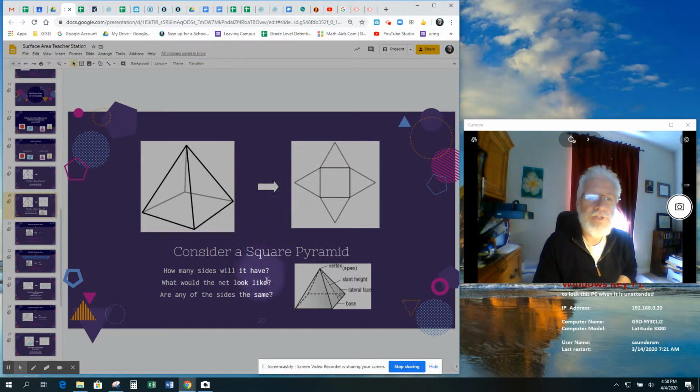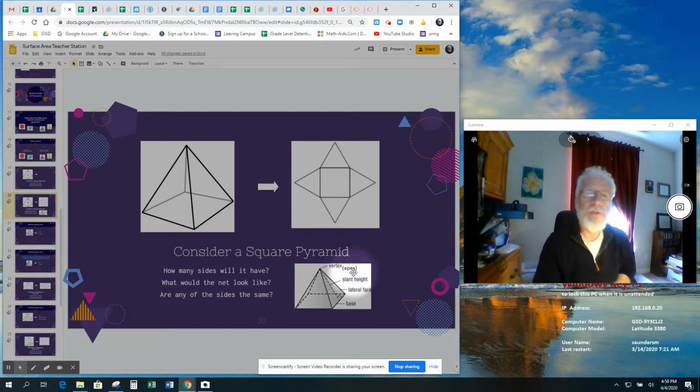Okay, just to remind you, our base here is square. We have a lateral face. Remember, the face is a triangle, and when we calculate the area of these triangles, we need the perpendicular going from the base up to the tip of the triangle. So it's going to be the slant height of the triangle, not the vertical height of the pyramid.